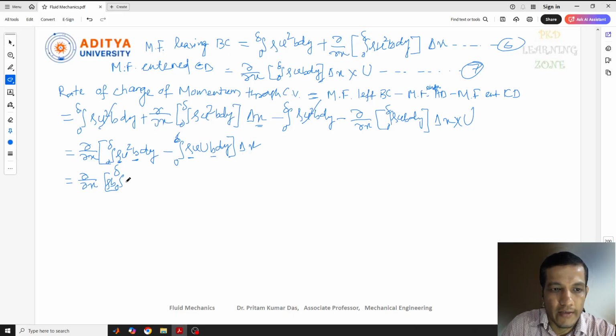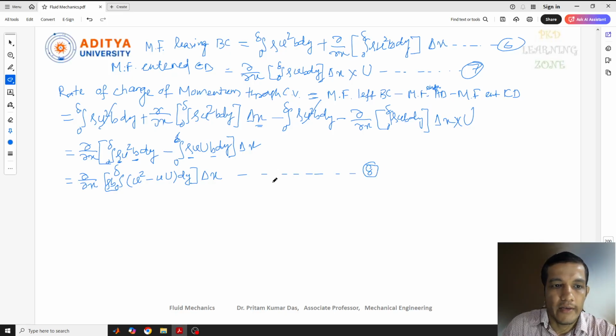Then we can write 0 to delta bracket close u square minus small u capital U bracket close, dy also taken common outside the integral, and this is delta x. So this is nothing but the rate of change of momentum through the control volume. This one we can call equation 8.